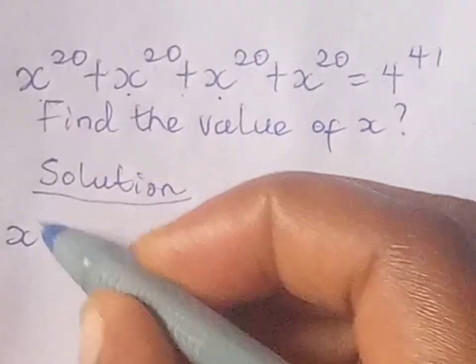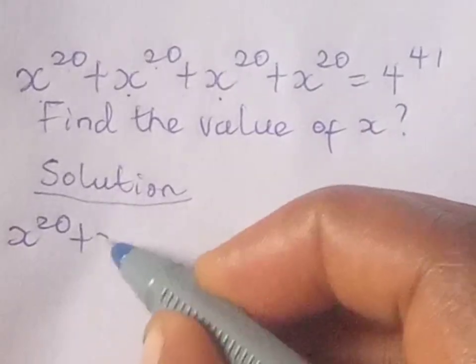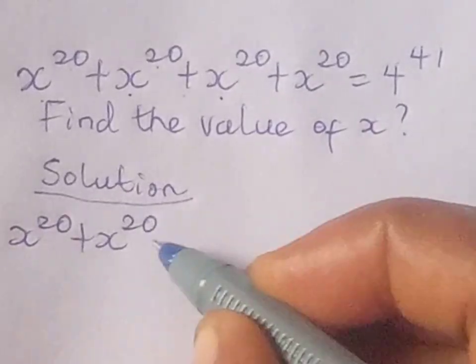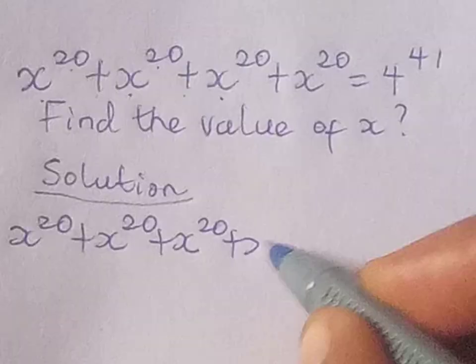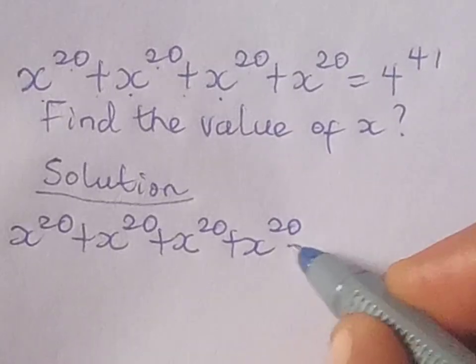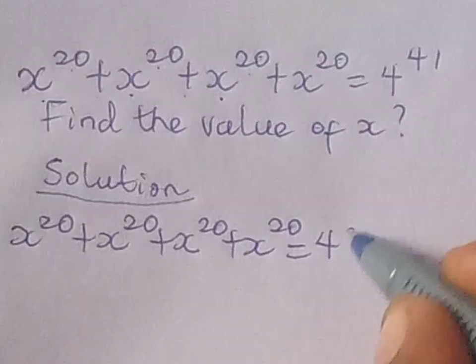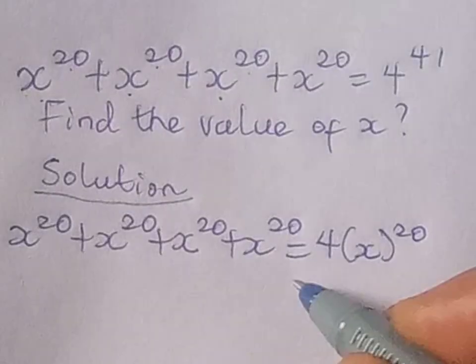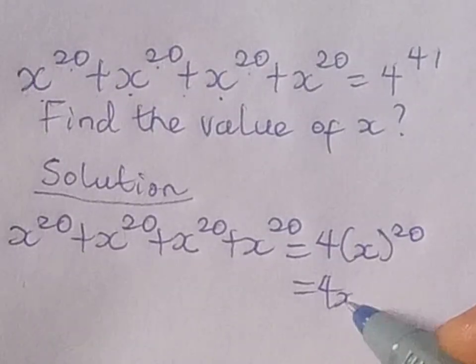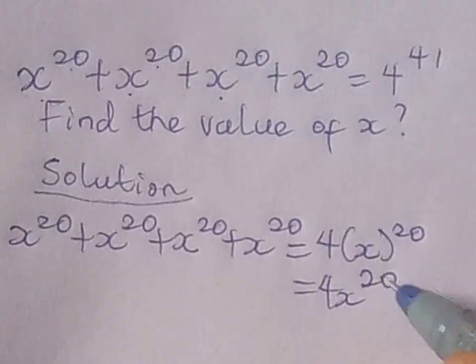So x raised to the power of 20 plus x raised to the power of 20 plus x raised to the power of 20 plus x raised to the power of 20 equals 4 times x raised to the power of 20, which gives us 4x raised to the power of 20.